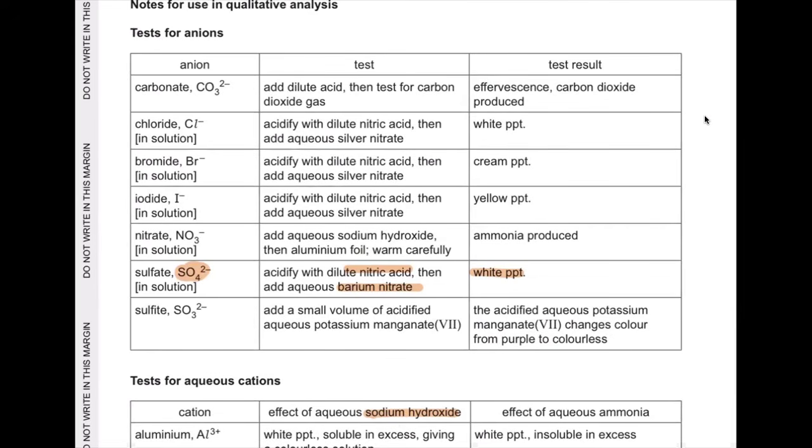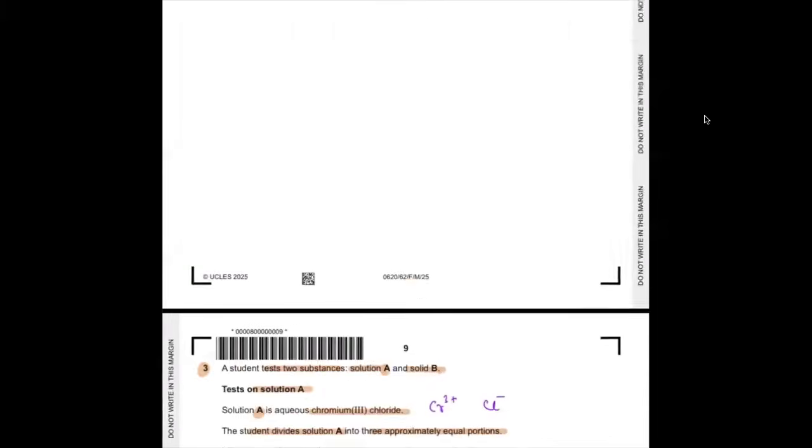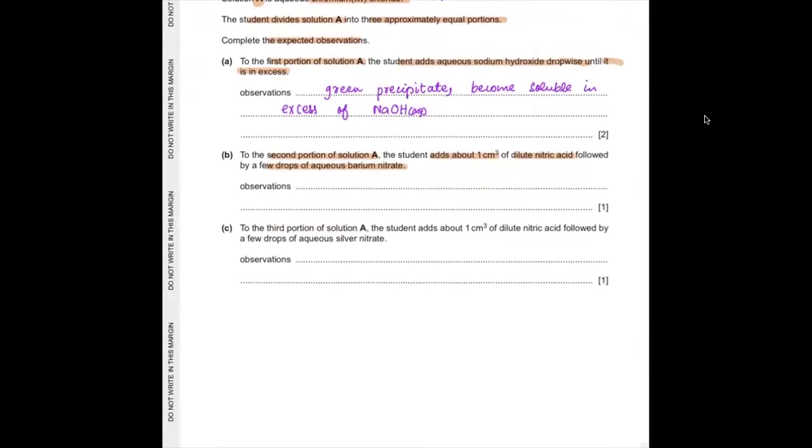Yeah, you can write that the green precipitate dissolves, or disappears to give a clear solution. So no change over here, because sulfate is not there. We have a chloride over here, right? So no change. Is this clear to all of you?